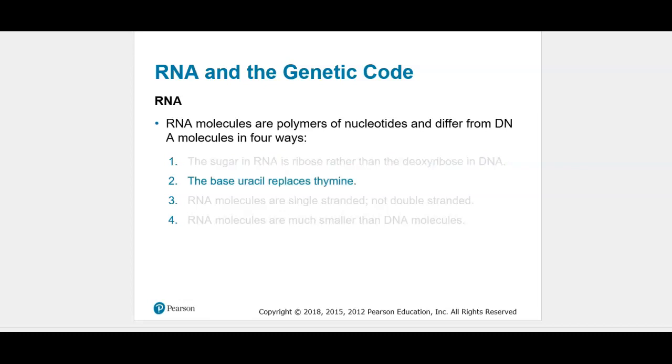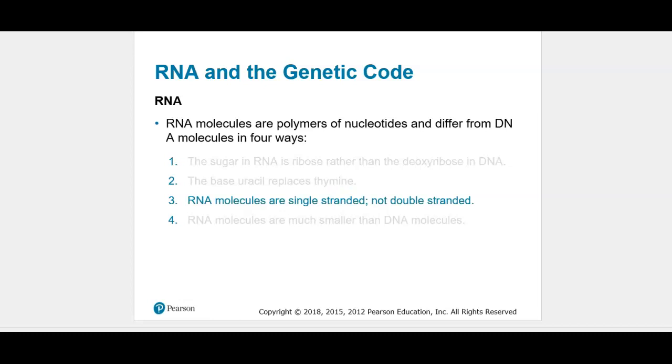Uracil replaces thymine. Remember that. Thymine is in DNA, yet uracil is the equivalent in RNA. You're going to see this in this section: if thymine is the base at a specific site on a DNA template, when it gets to the stage where you have the RNA equivalent, it's going to be replaced by uracil.